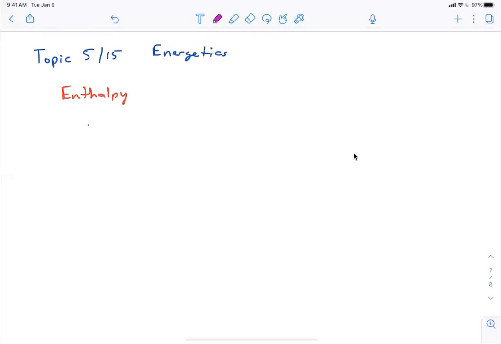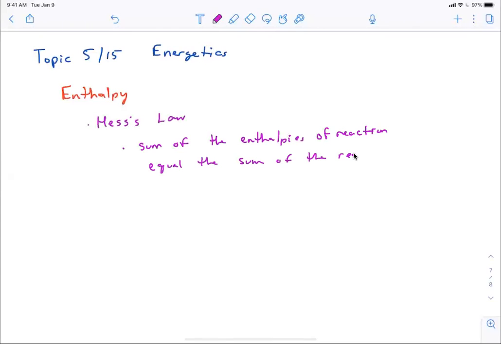The first one we'll talk about kind of briefly, even though it's probably the most important one, is Hess's law. Hess's law essentially states that the sum of the enthalpies of reaction equals the sum of the reactions.